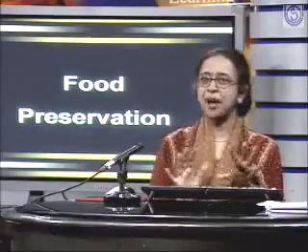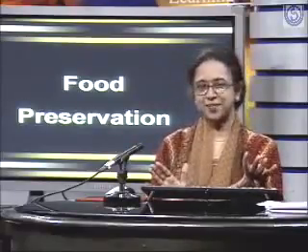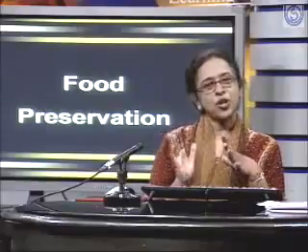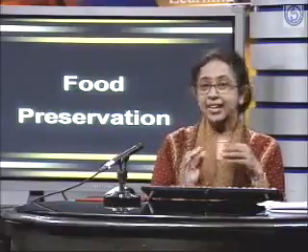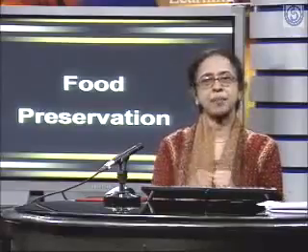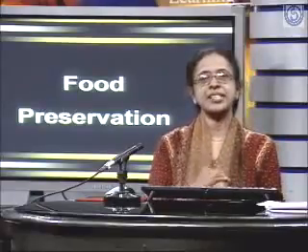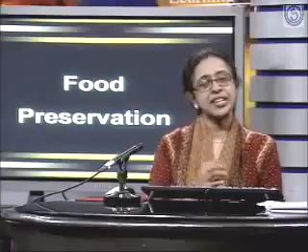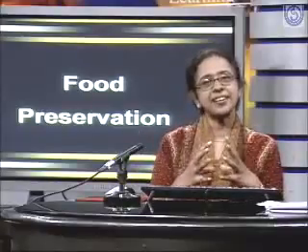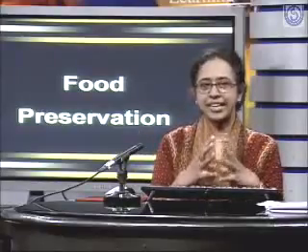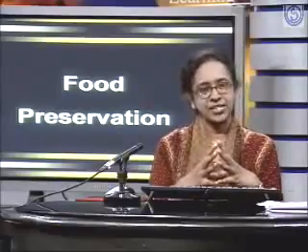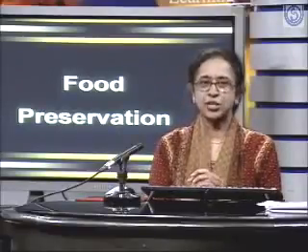The reason is that microorganisms don't like acid. They will not grow, they will not function properly, and if the acid is combined with something like high temperature, as we will see in a subsequent discussion, if the combination is there, then the microorganisms are often killed or severely inactivated. So this is something that we need to keep in mind.